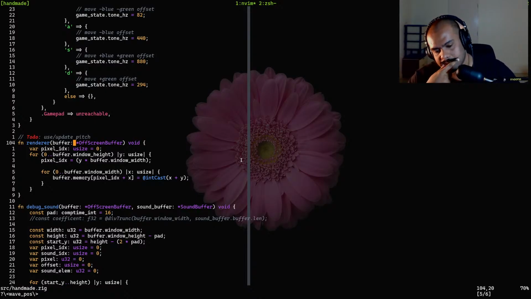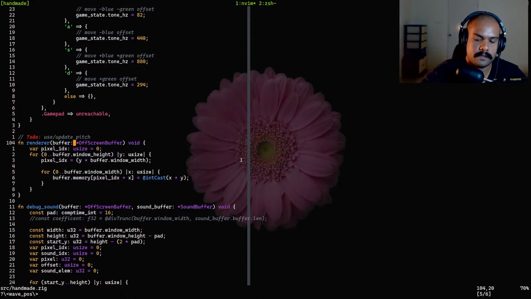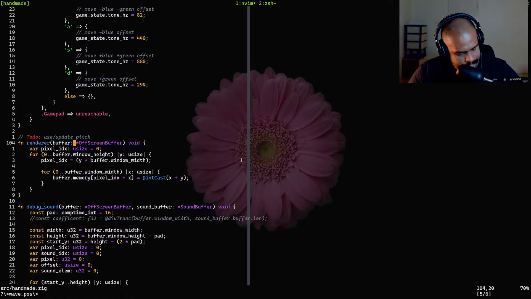I'm thinking of having a two-dimensional array and then just casting it to a single-dimensional array. Or even just rendering it into a 2D array, and then I can just convert it. This is not easy to work with.